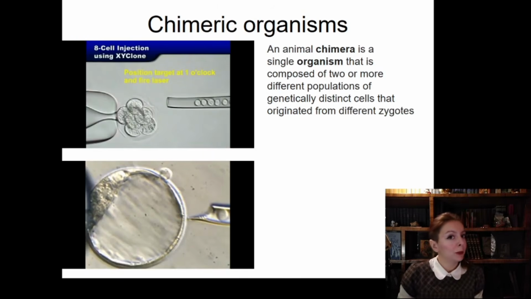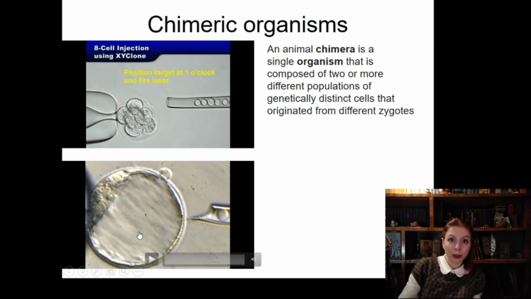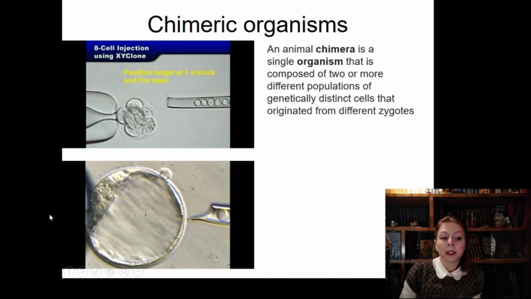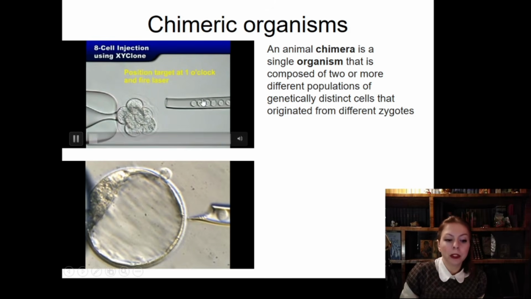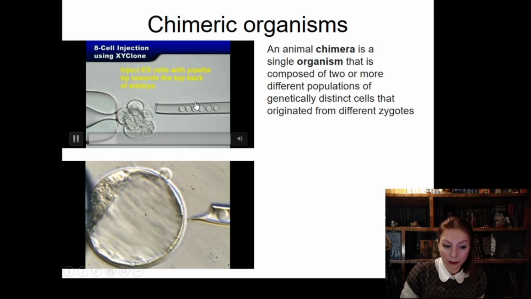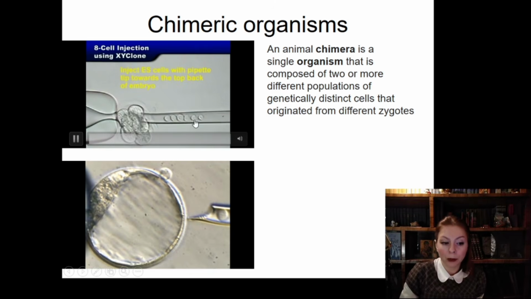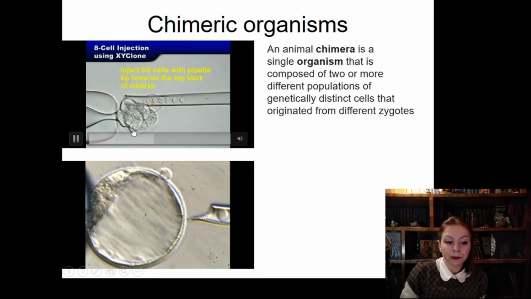And also I want to mention the information about chimeric organisms. They could be formed in animals and in humans as well. What is a chimera? A chimera is a single organism which is made up of several genetically different types of cells. How is it possible? In the laboratory it is possible when embryonic stem cells, so the inner cell mass of one embryo, are injected into the morula of another embryo.